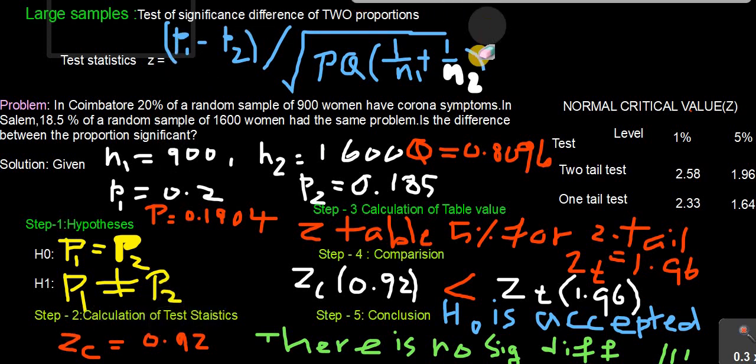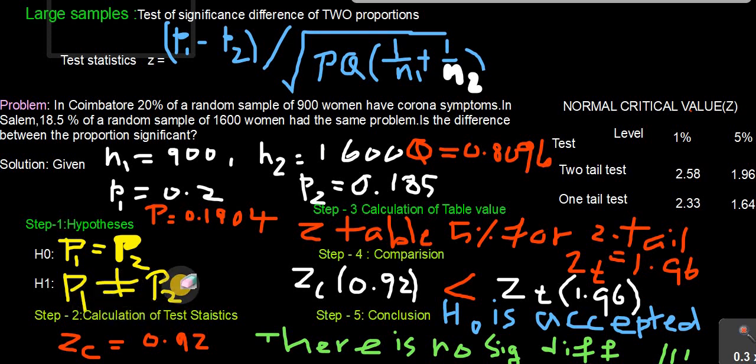By using this particular formula, we find the test statistic value, that is the calculated value, equal to 0.92. Then afterwards, for the table value we refer to the Z table for 5%, and we assume a two-tail test.